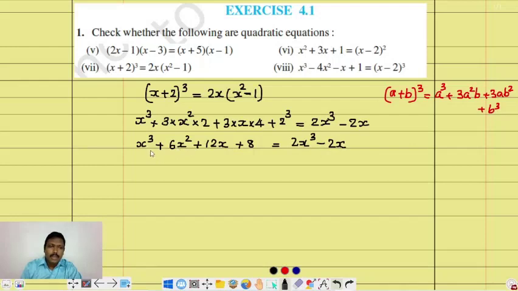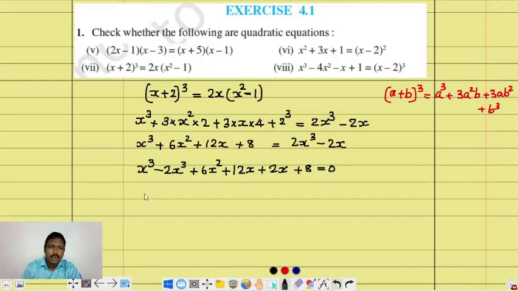So you have to bring all the terms to one side. So you will get x cube minus 2x cube, plus 6x squared, no x square term there, plus 12x, and this minus 2x you have to take here, so plus 2x plus 8 is equal to 0.